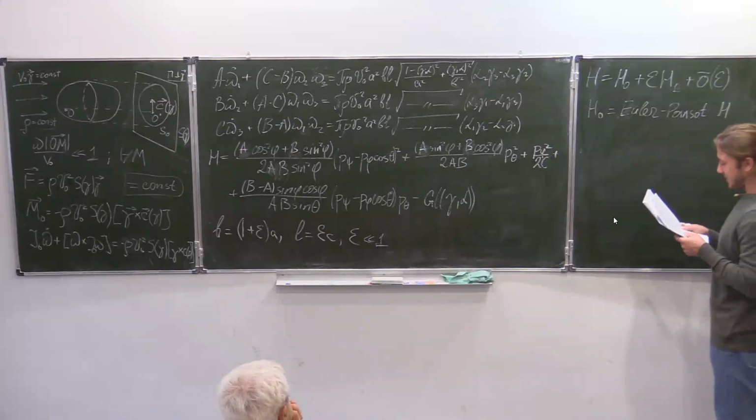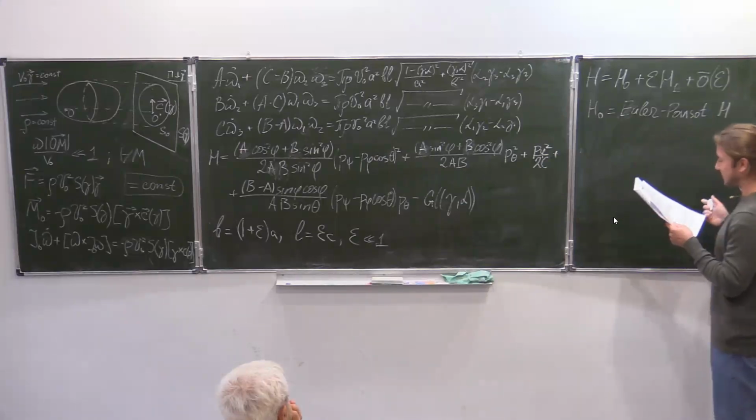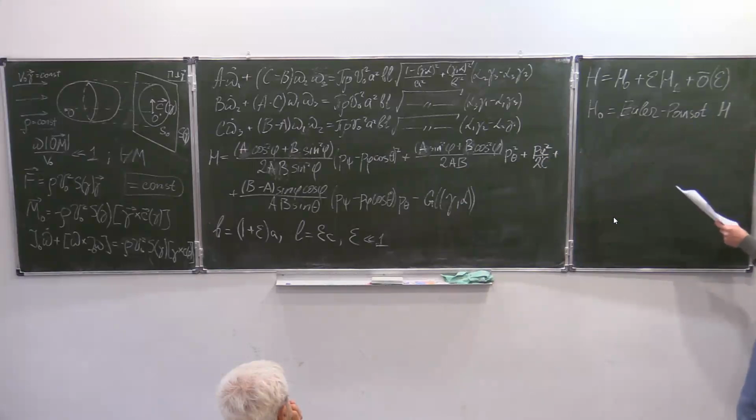So the following statement is true. Canonical motion equations of an asymmetric rigid body with the Hamilton function H do not have a third independent integral analytically depending on the parameter p psi.